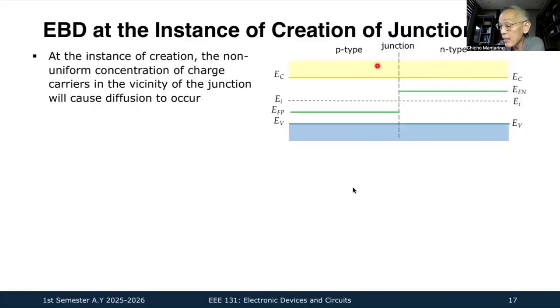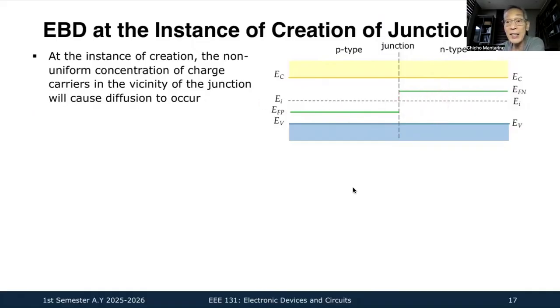At the P side, this is your forbidden band. And because this is a P-type, your Fermi level at the P side will be between EI and EV. At the N side, again, this is your forbidden band, and your Fermi level at the N side will be between EC and EI.